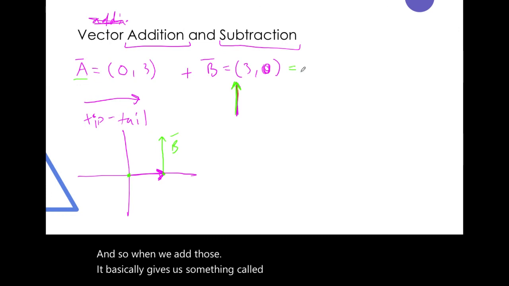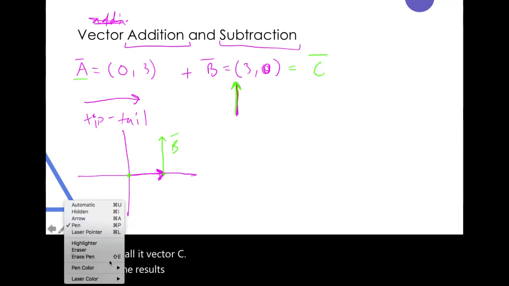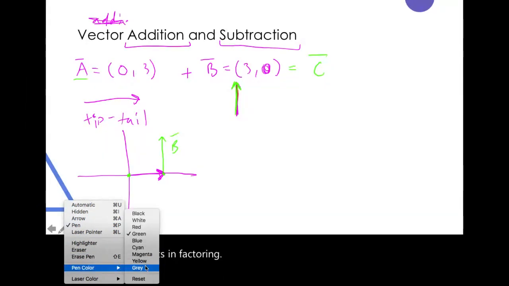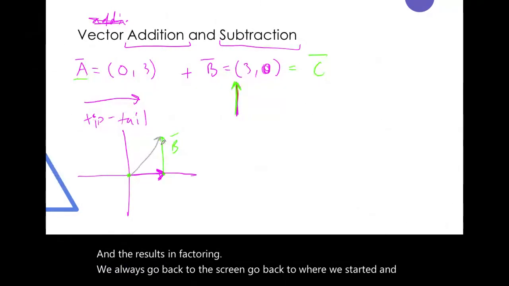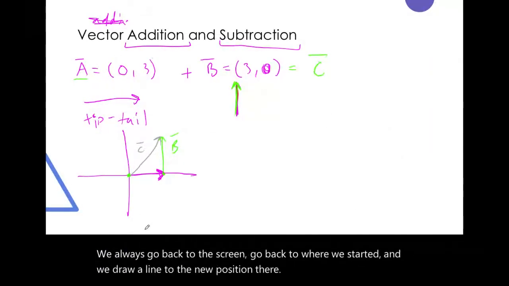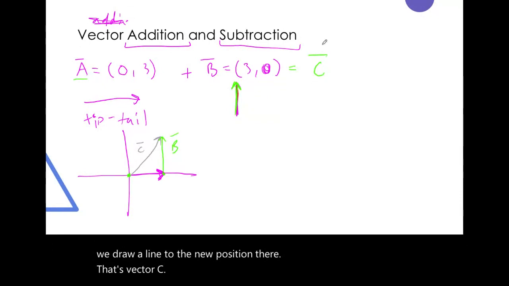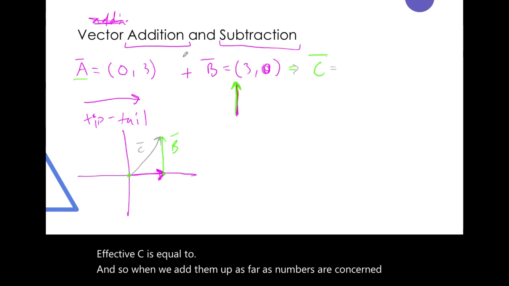Let's call it vector C. For the resultant vector, we always go back to where we started and draw a line to the new position. That's vector C. So vector C is equal to, and when we add them up as far as numbers are concerned, we add up components.